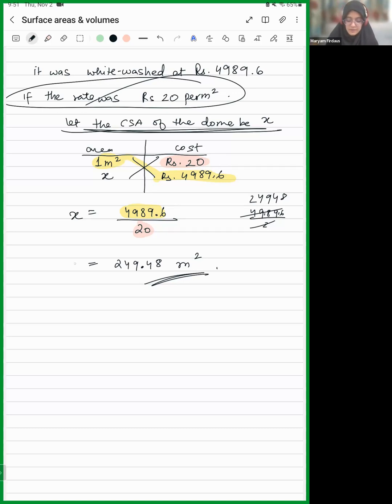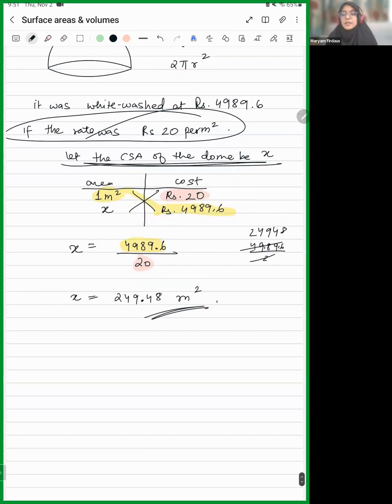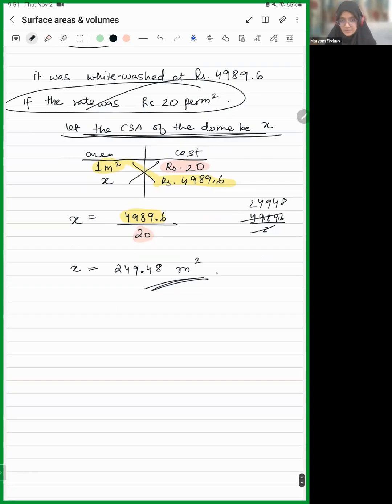What is x? We said let x be the curved surface area of the dome. In the question, it is asking us to find the inside surface area of the dome. So we will write our answer like this: inside surface area of the dome is equal to 249.48 meters squared. Done till here?